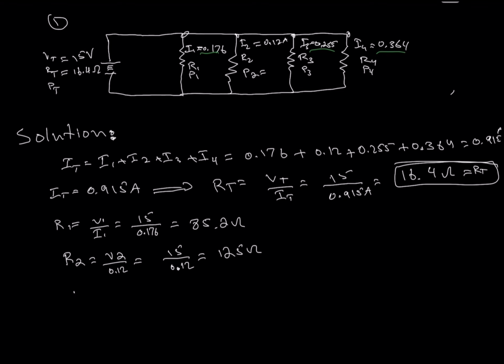R3 is equal to V3 over I3. And that's 15 divided by I3, which is 0.225. 15 divided by 0.225 will give me 66.7 ohm.